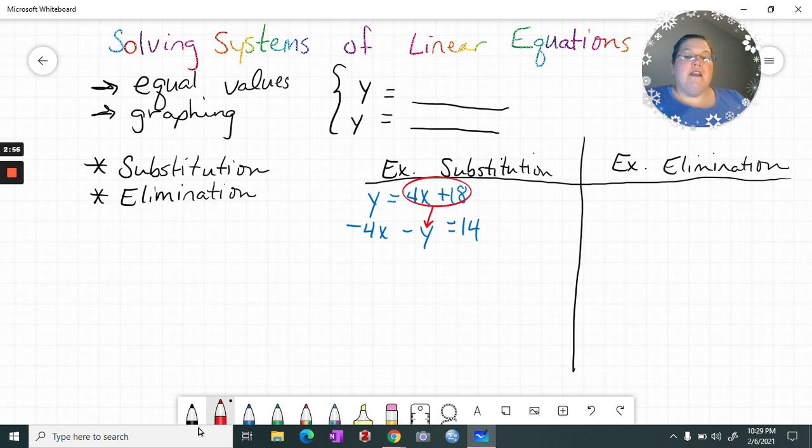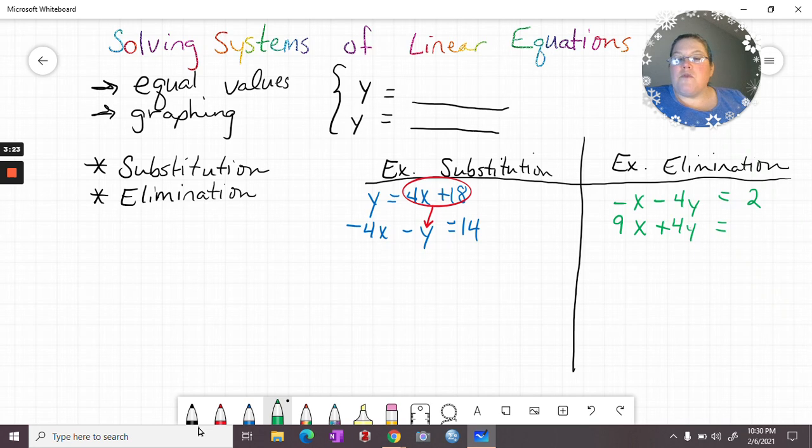Okay? A nice example of the elimination method would be something like this, where we have both equations in standard form. Okay, so negative x minus 4y equals 2, and then 9x plus 4y equals 14.